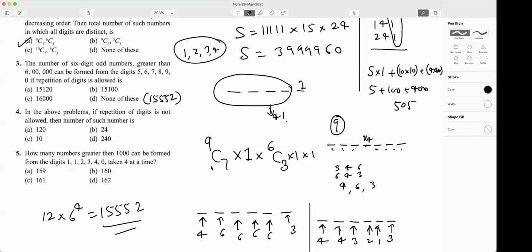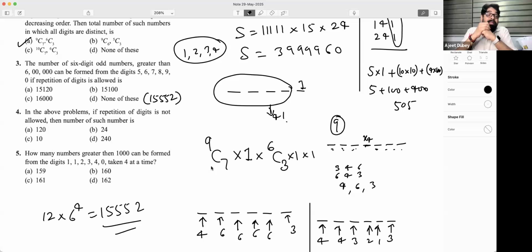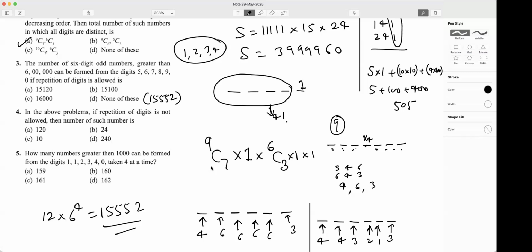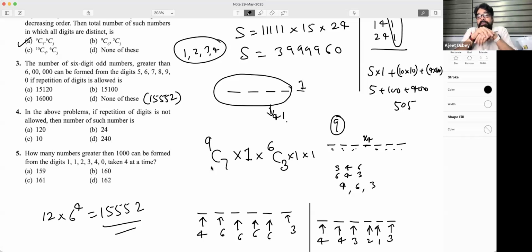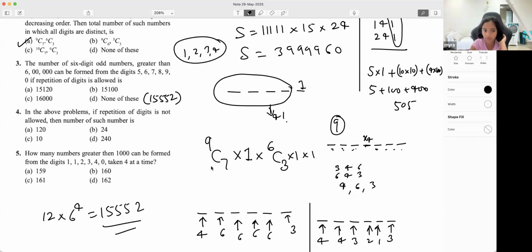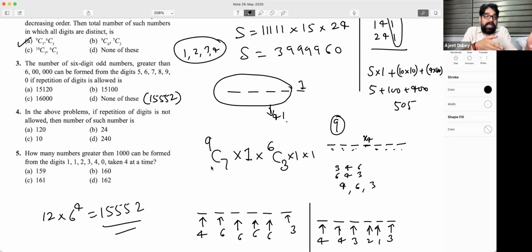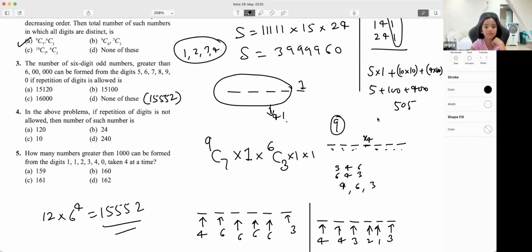Sir, repetition is allowed, correct? No, whenever they say form from the digits, it means these are the only digits available. You have only 2 times 1, 1 times 2, 1 times 3, 1 times 4. Okay, sir. Is there no repetition? Yes, repetition can happen. 1 can come 2 times. You have only this many digits. You don't have any other digits.